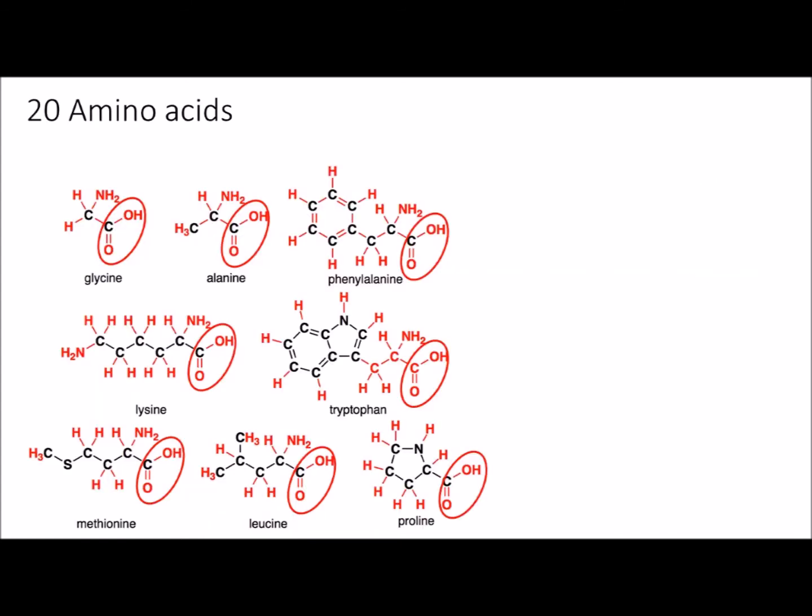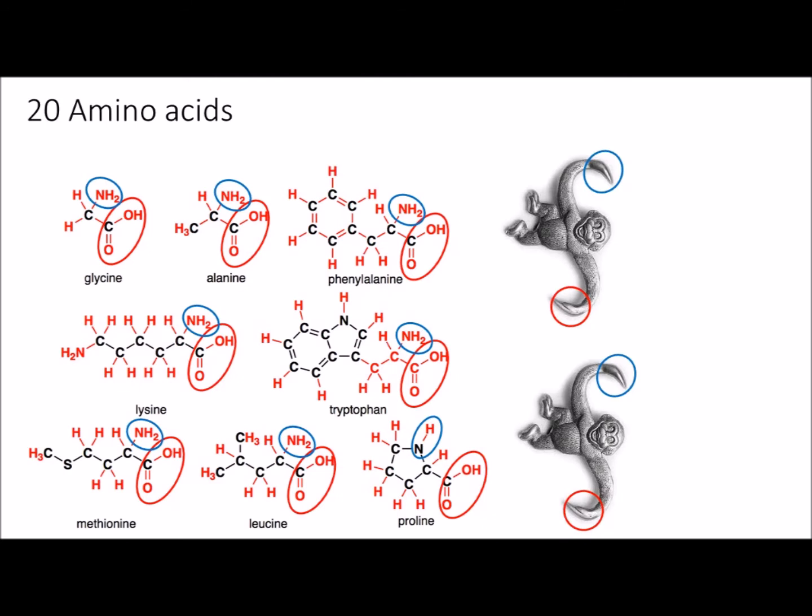Now amino acids, there are about 20 different ones of those, come in all shapes and sizes, but they all have that common feature of the acid group. In addition, they also have something called an amino group, and that's how they get their name. Now what happens in biology is that amino acids can be linked together. The blue amino group can link to the red acid group.